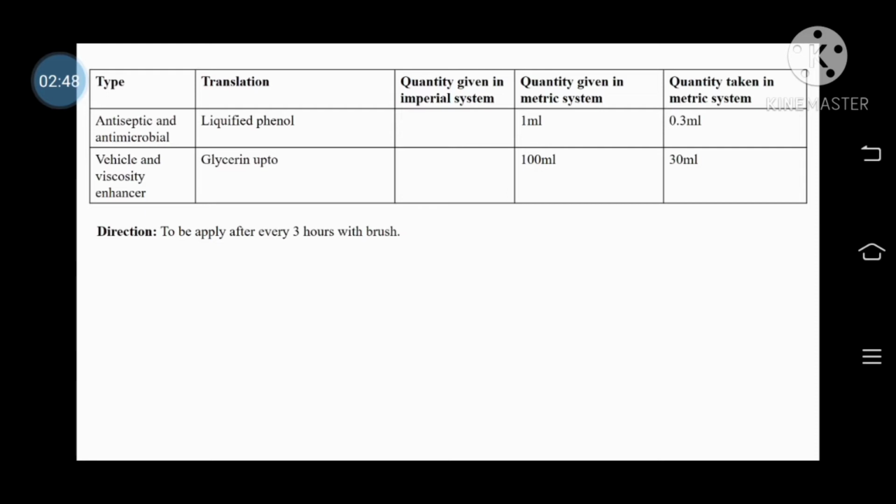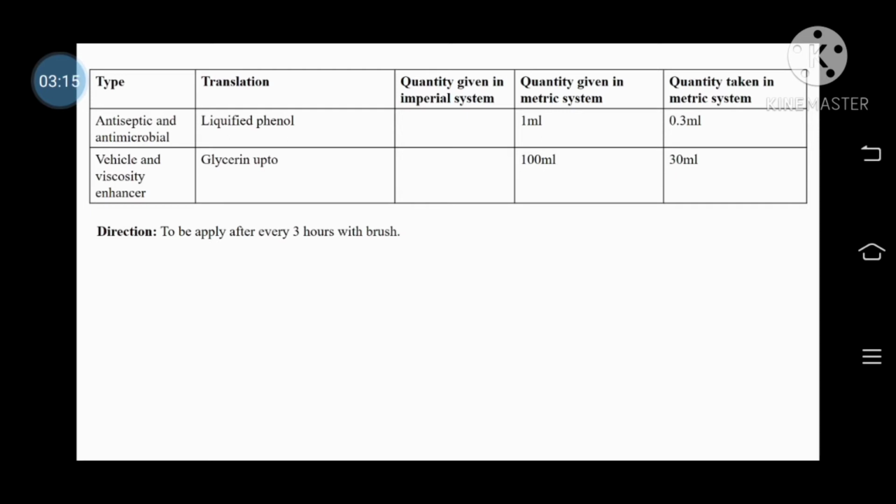Liquefied phenol is antiseptic and antimicrobial in nature. For 100 ml of preparation, 1 ml of liquefied phenol is used. For 30 ml of preparation, we will use 0.3 ml of liquefied phenol. That 0.3 ml answer comes when the 0.3 factor is multiplied with 1 ml.